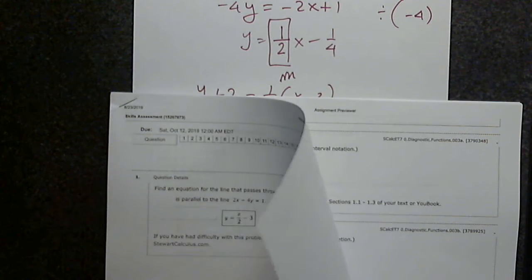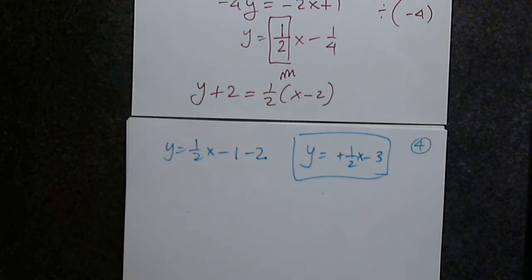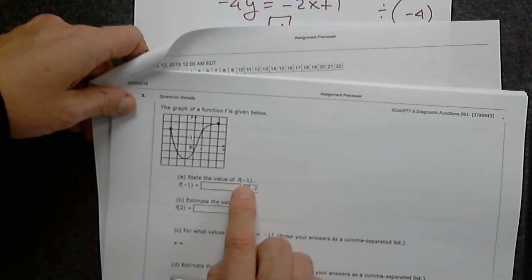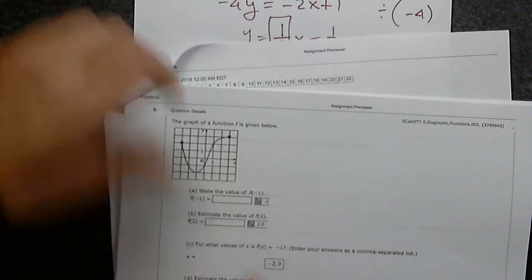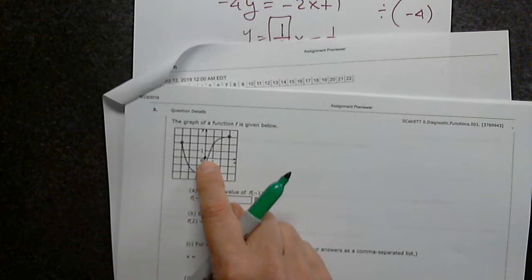Any questions? Okay. Do we need to do problem 2? Is that a yes? Is that a no? Okay. So in problem number 2, we are asked to state the value of f of -1. So this is the origin.